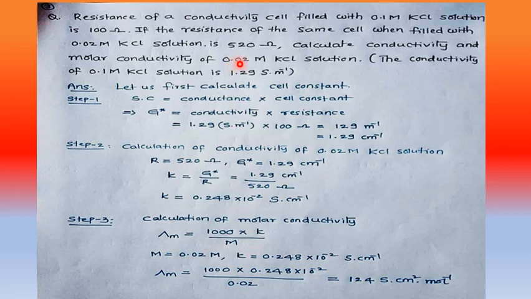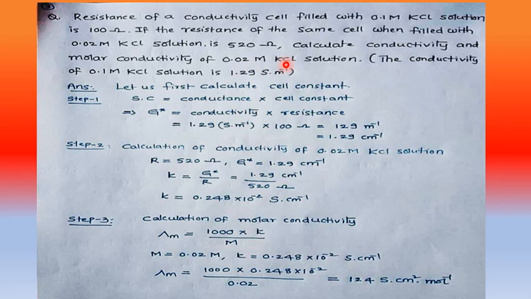Many students take ohm, but two resistances are there, 100 ohm and 520 ohm. The 100 ohms we used for calculation of the cell constant. By using the cell constant value, we are going to calculate the conductivity and molar conductivity for 0.02 M KCl.